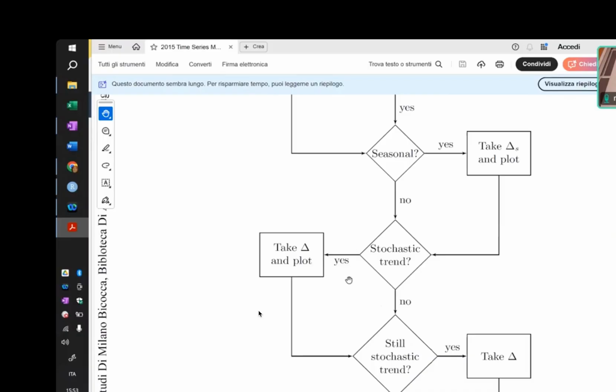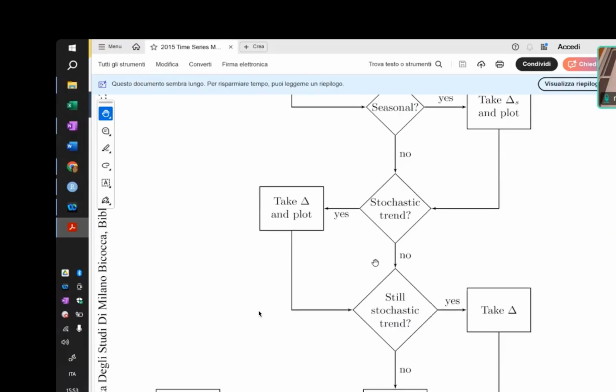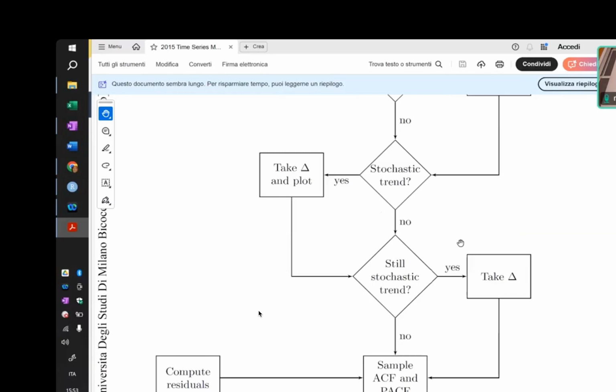The next difference, if you need it, because maybe your time series is already stationary, so you ask yourself, is it stationary, or otherwise said, is there a stochastic trend? If the answer is yes, if it's not stationary after taking this difference, you may want to take another difference. If it's stationary, you finish with this question.